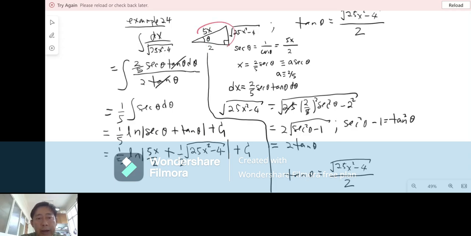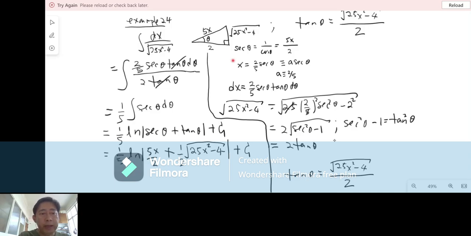Based on this triangle, you write down the relationship between the angle, the hypotenuse and the adjacent. That is, the secant of theta is simply 5x over 2. Turning it around, you can express the variable x in terms of theta through this trigonometric substitution.